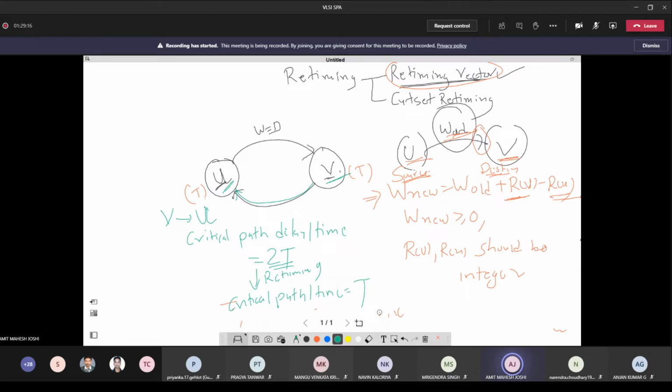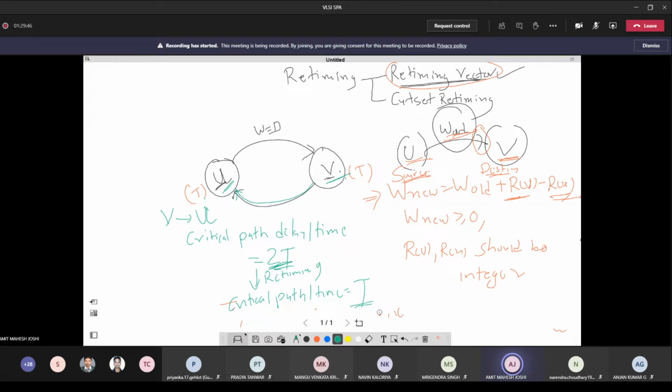Whatever time this node needs, I need to provide. There is no way I can reduce that to lesser than t. So ultimately I can go from 2t to t. That is the best I can get in my mind. Now this is the possibility. Applying retiming, I need to explore whether I can bring the critical path delay down from twice t to t or not.